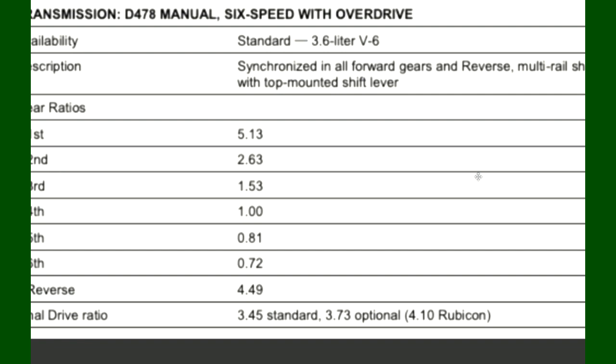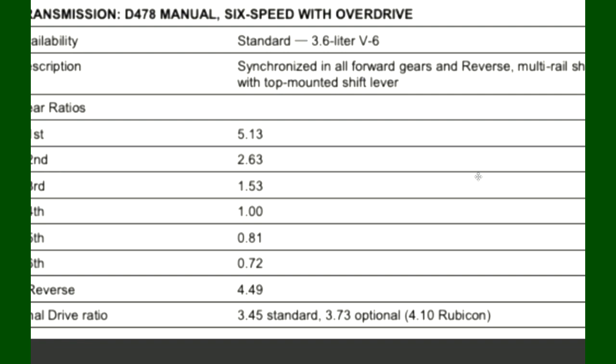Now, the manual transmission first gear is 5.13. Multiply that by the 4:1 low range ratio and the 4.1:1 axle ratio. And if you do that on the Rubicon, you arrive at a crawl ratio of about 84:1.